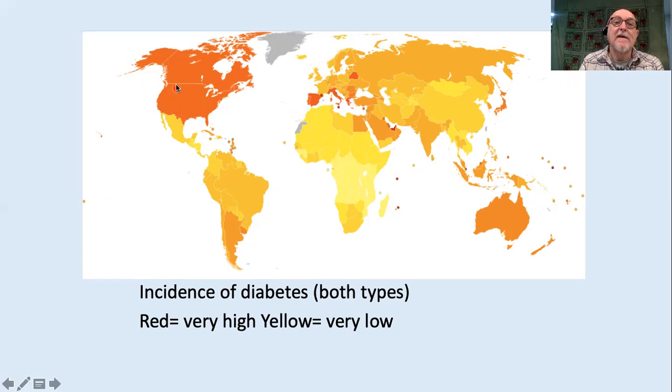And you'll see that, especially have a look, North America is the capital of diabetes type 2. And this is largely because of poor dietary choice, unfortunately.